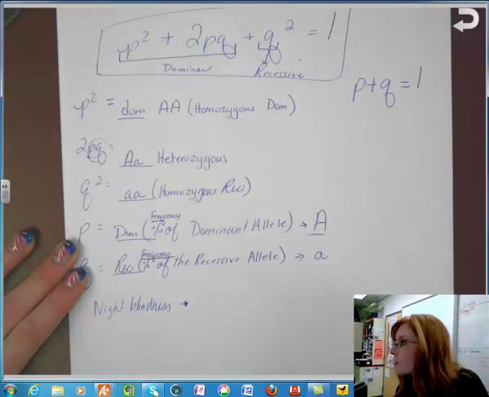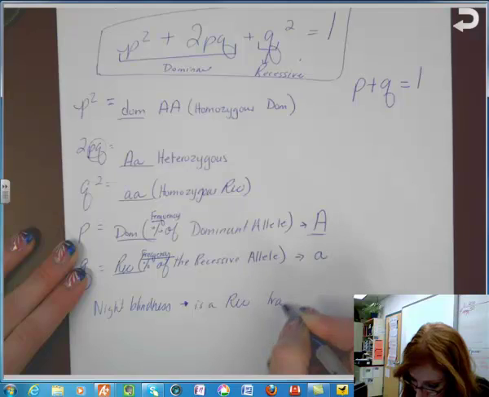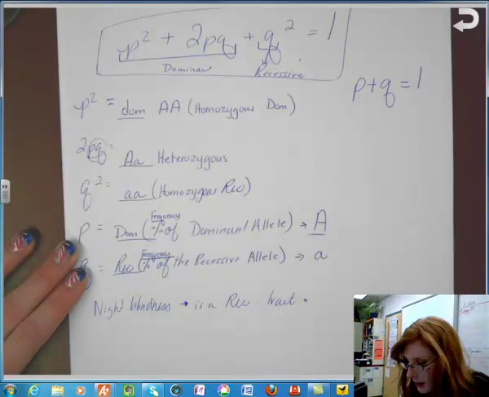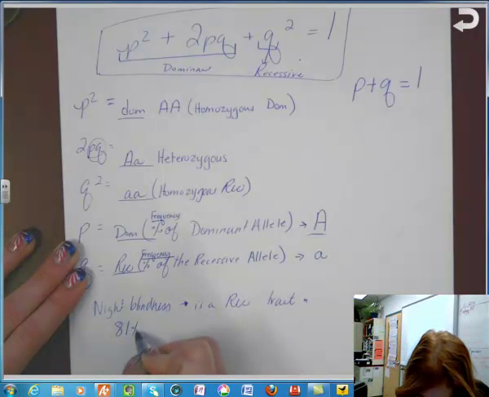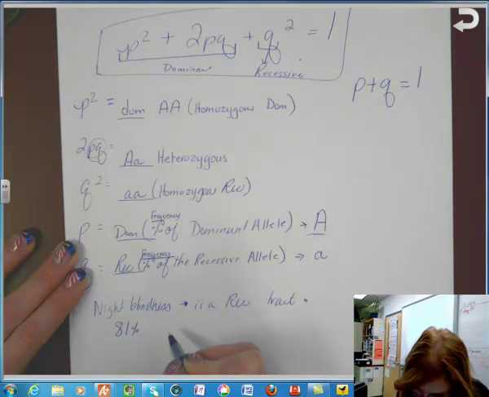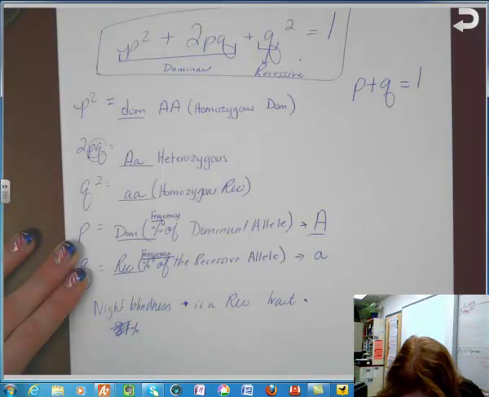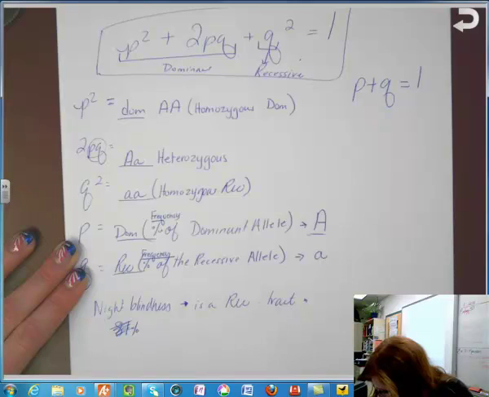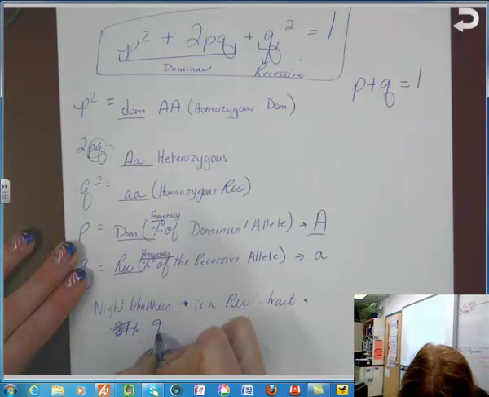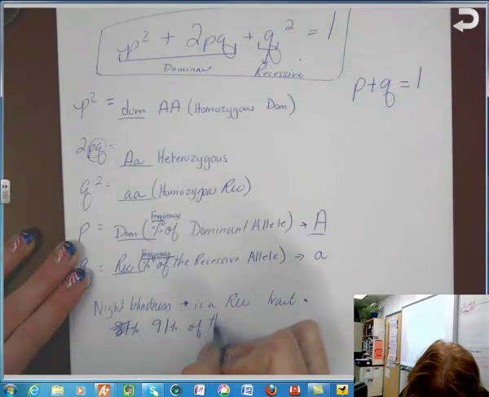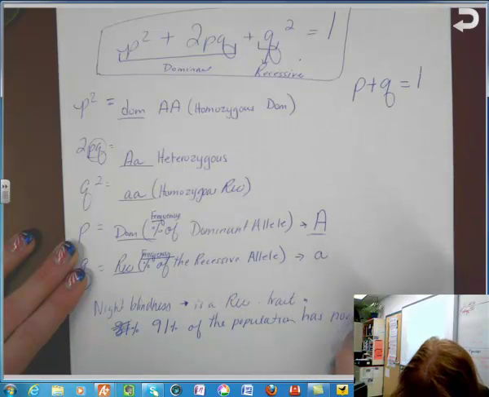Can't adjust. So night blindness is a recessive trait. And I'm going to say that, let's see, no. Let's say 91% of the population has normal vision.